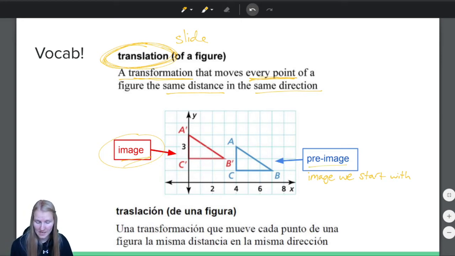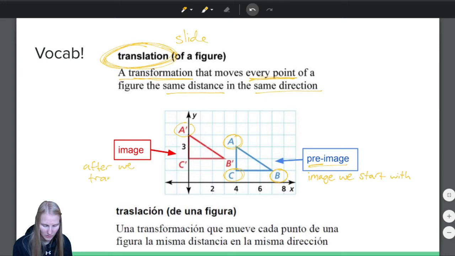Notice how the pre-image, the points that make up the corners of triangle ABC, the points are just A, B, C. Now, notice the points of the image. So we have pre-image and we have image. The image is after we transform the figure.